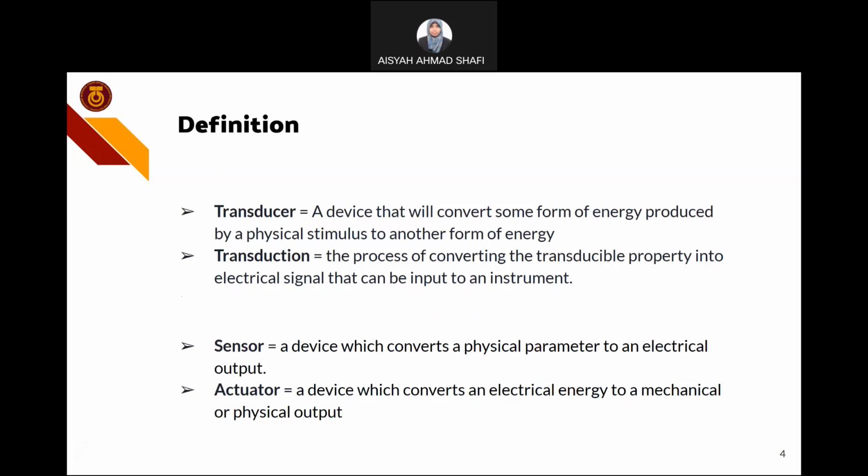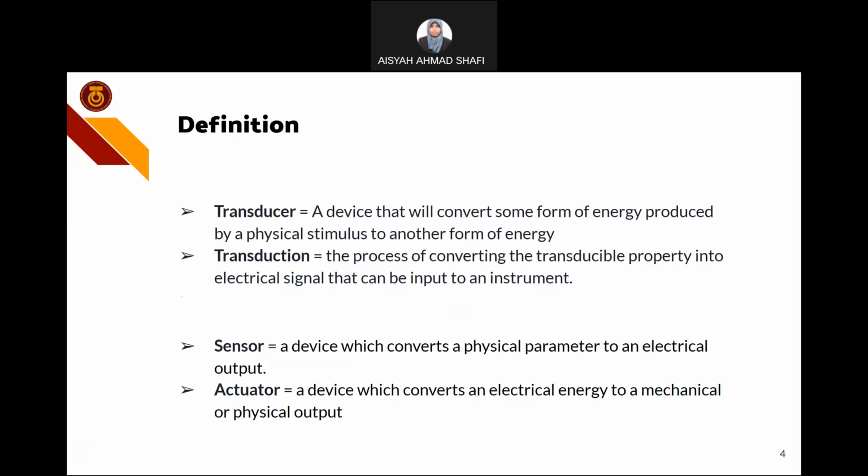But the transducer changes to any form of energy. For example, it also can change from temperature to mechanical or to magnetic. So that means the sensor is one type of transducer.